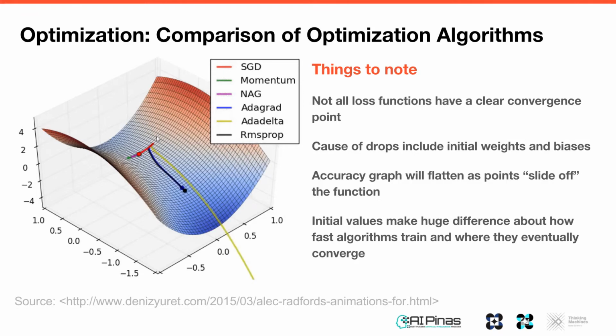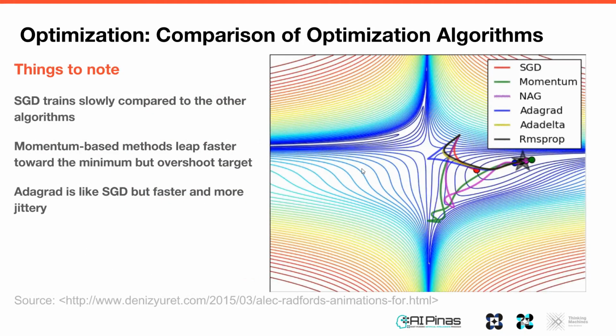Another thing to keep in mind is that the initial placement, the initial weights W or initial parameters W, make a huge difference in terms of how fast algorithms train and where they eventually converge. Imagine that you had an initialization here, for example.